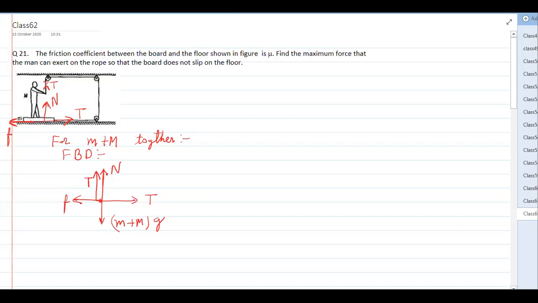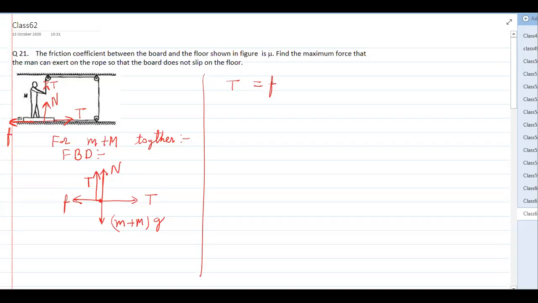Now, if this is the free body diagram, then we can write the equations. So to move, the tension must be greater than friction. So we can start with the balancing equation.